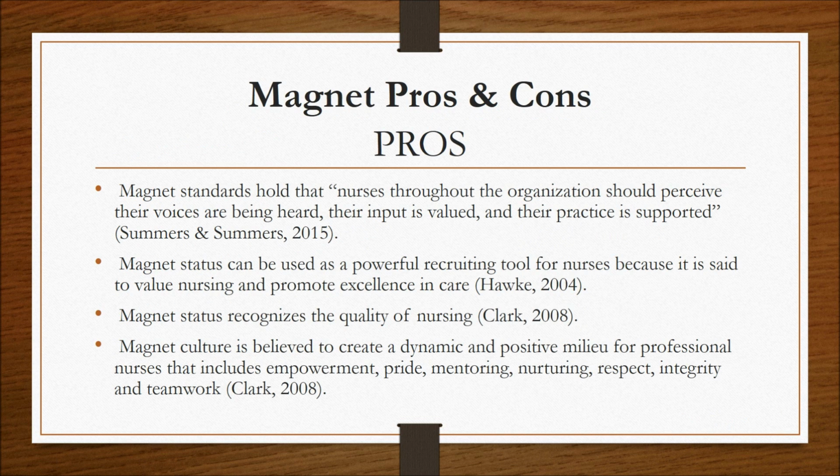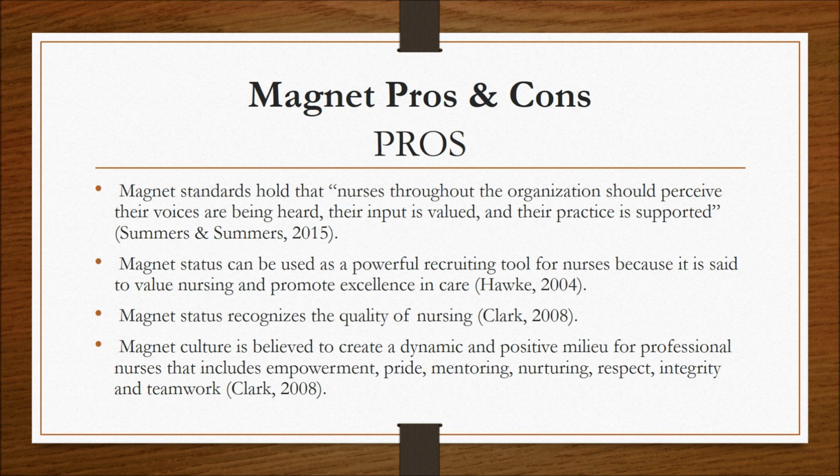I am here today to tell you about the pros and cons of magnet designation. Magnet standards hold that nurses throughout the organization should perceive their voices are being heard, their input is valued, and their practice is supported. Magnet status can be used as a powerful recruiting tool for nurses because it is said to value nursing and promote excellence in care.